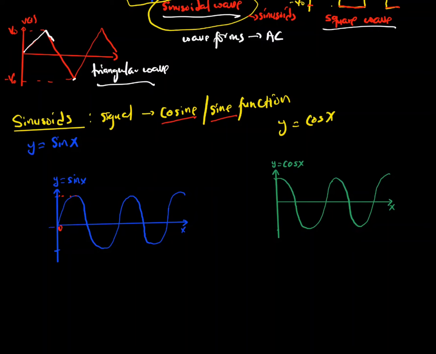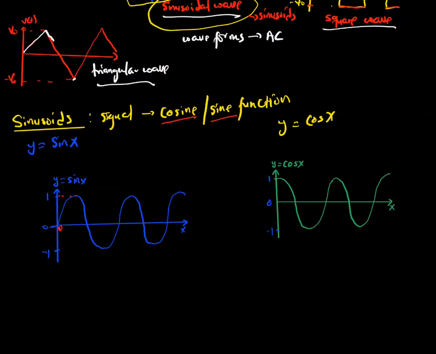Here is 0, and then we have 1 and minus 1. Sine x alternates between 1 and minus 1. The maximum amplitude is 1, so these are the prescribed levels, and that is also the case for cos x.